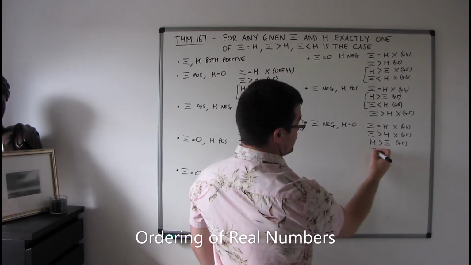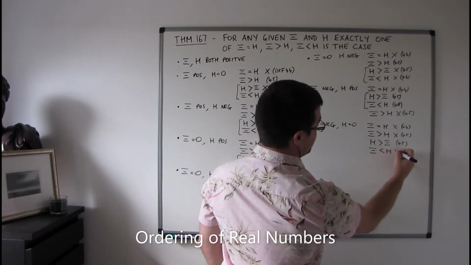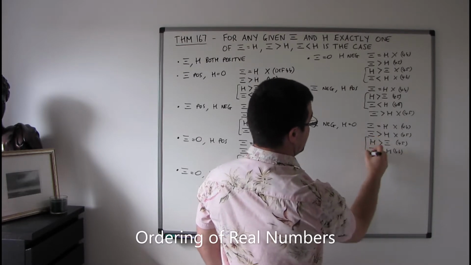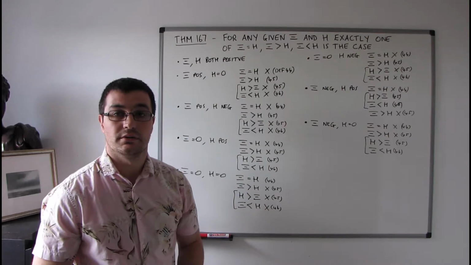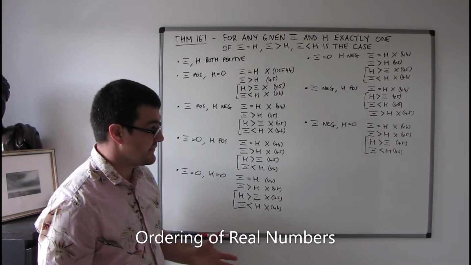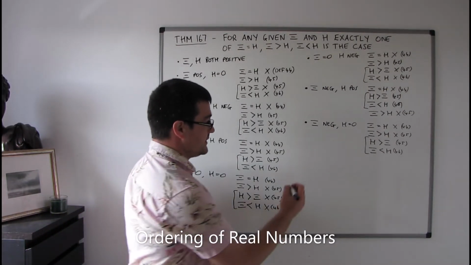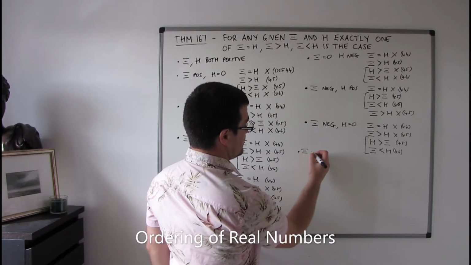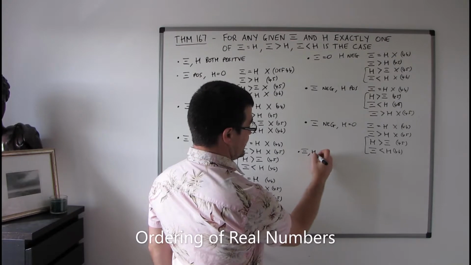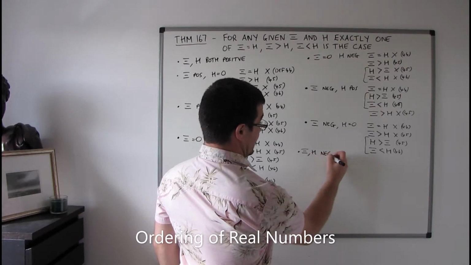Flip it around, 46, and once more we just get the single case that obtains. So let's have a look at the last few cases now. So we need to have a look at when we've got both negative, so psi and eta are both negative.